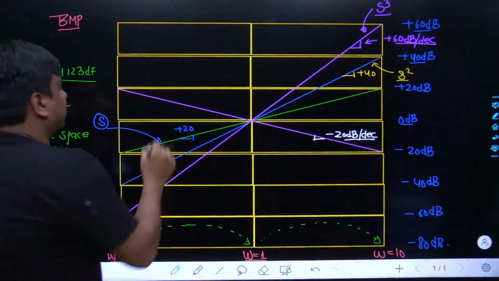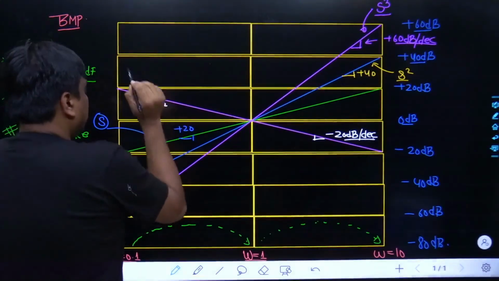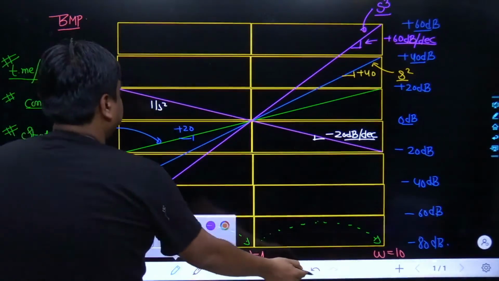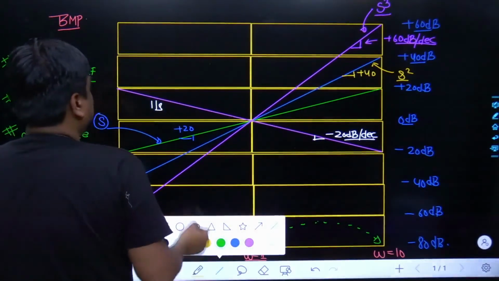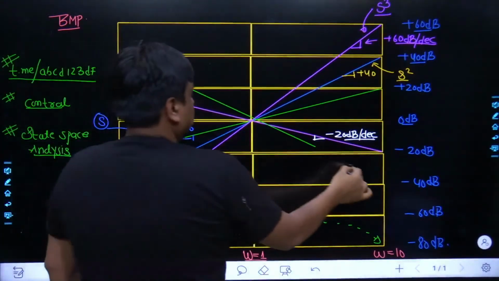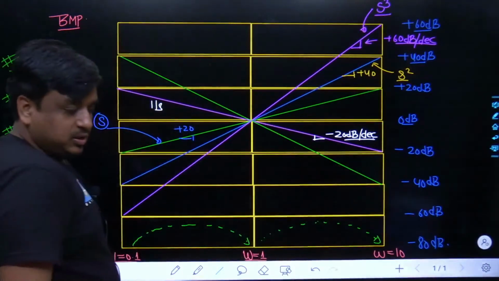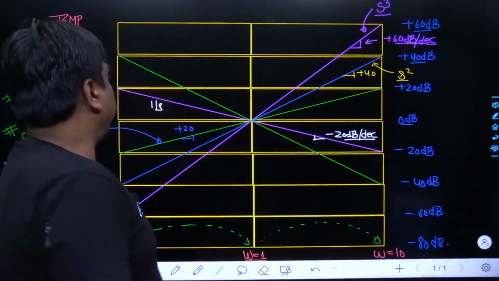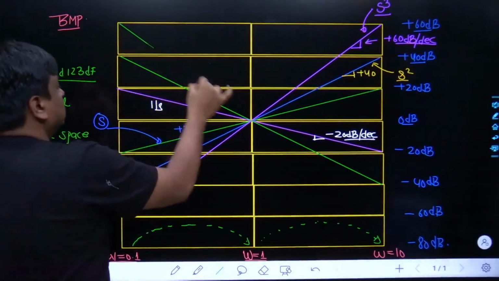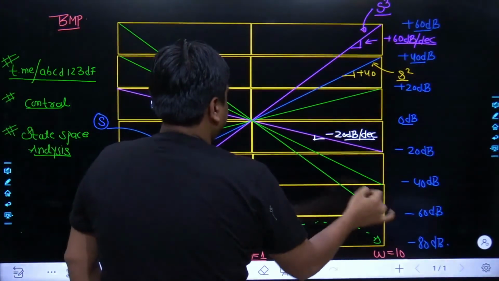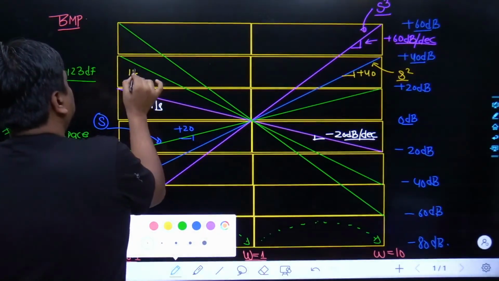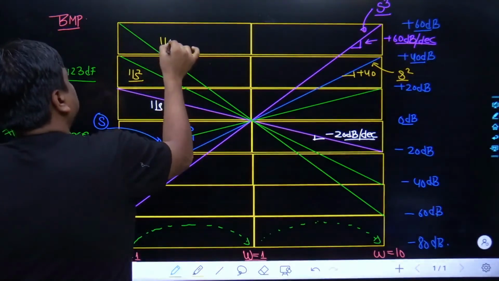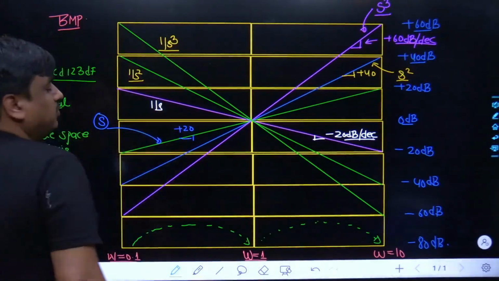Similarly, if you had the factor 1 upon s square, now the slope would change to this. Last, never the least, is this. This came because of 1 upon s square. This came because of 1 upon s cube.